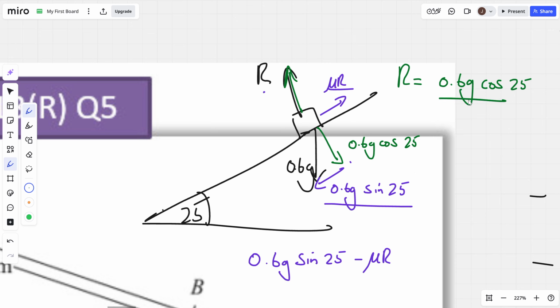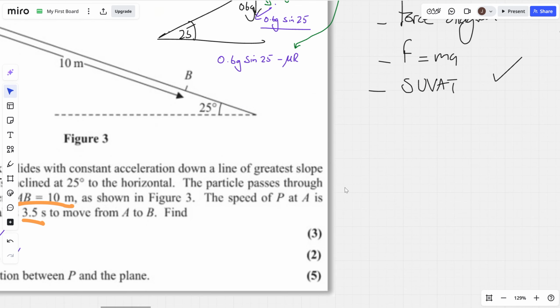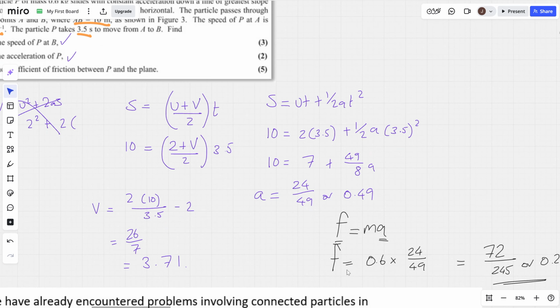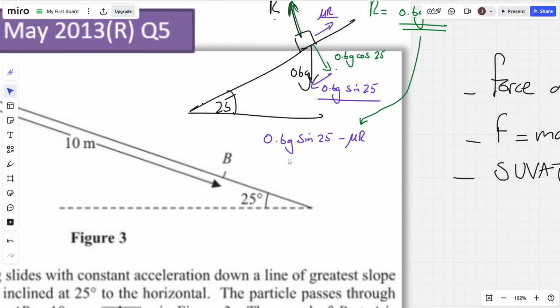So we can sub that result in there. Okay. And then do you see that? Can you kind of see where we're going with this now? We know what the F value is, which is equal to this one here.